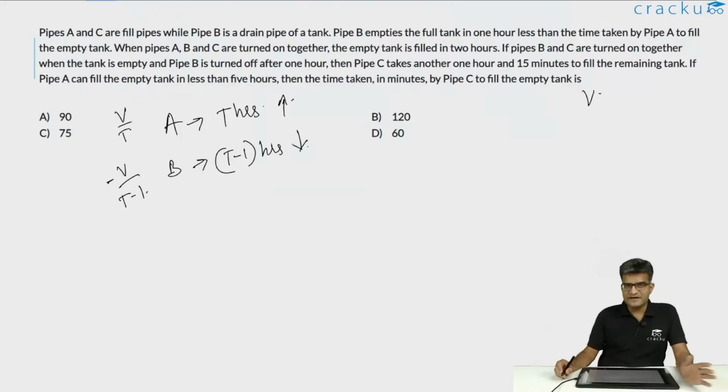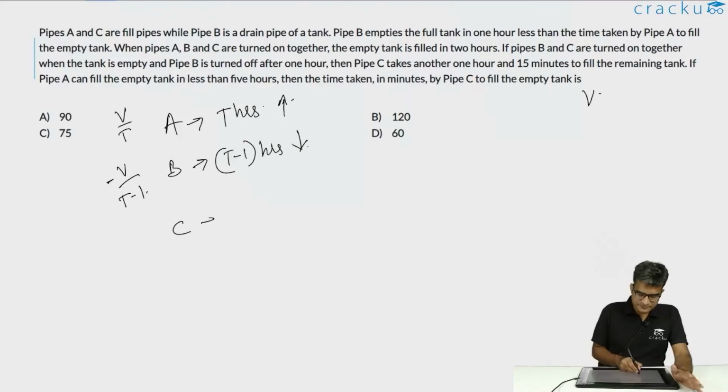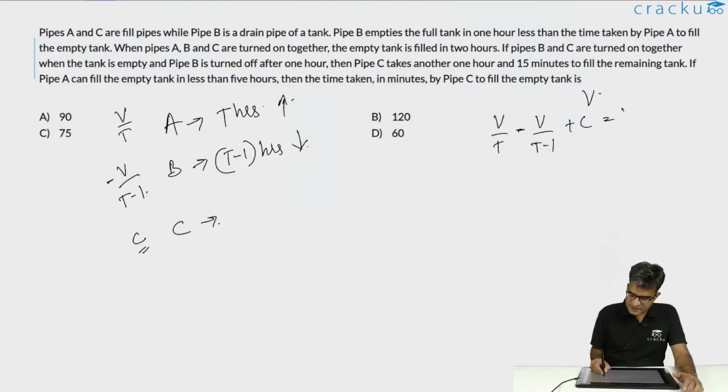We are told that if A, B and C work together, they can fill the tank in 2 hours. If you assume that C fills C liters every hour, V by T minus V by (T minus 1) plus C is equal to V by 2, because in 2 hours, they fill the entire tank whose volume is V. So here we can calculate the value of C. So C is equal to V by 2 plus V by T into (T minus 1).